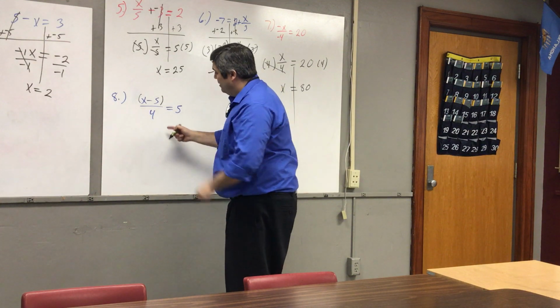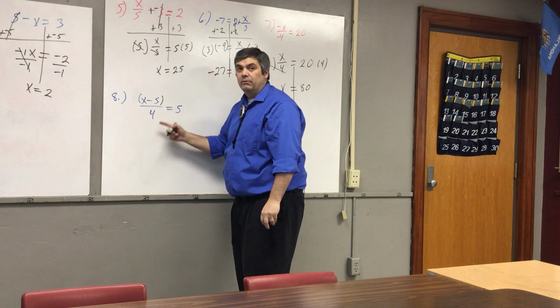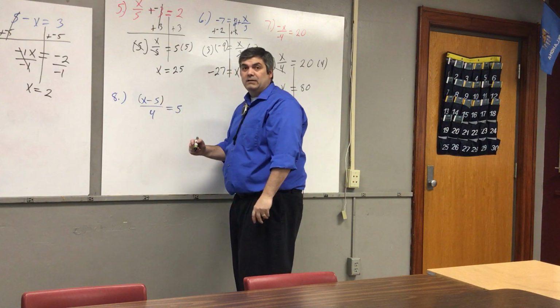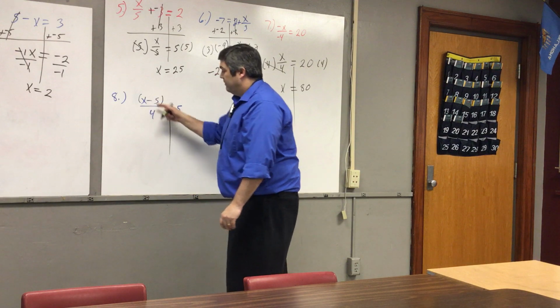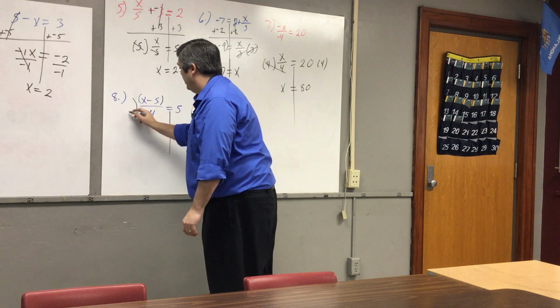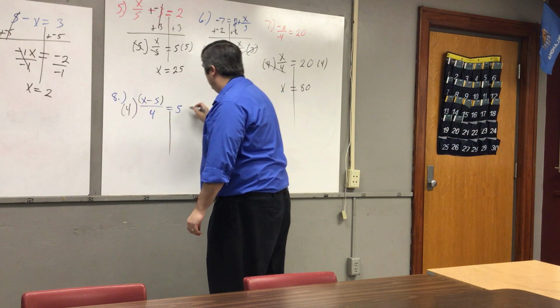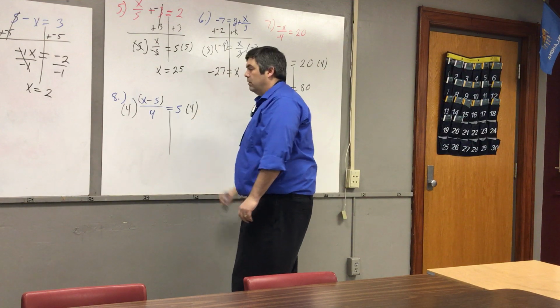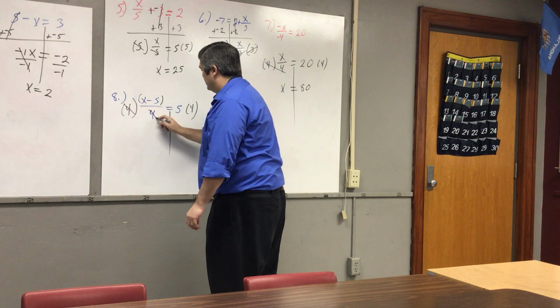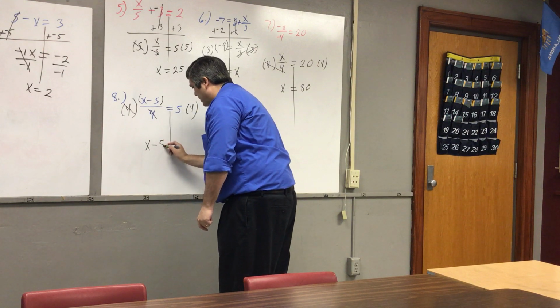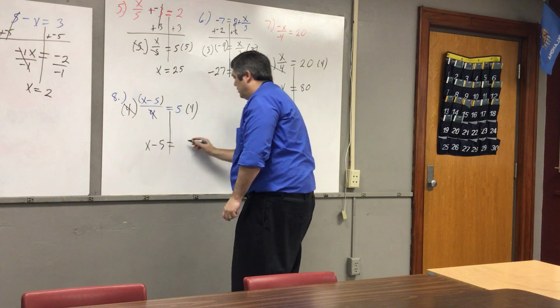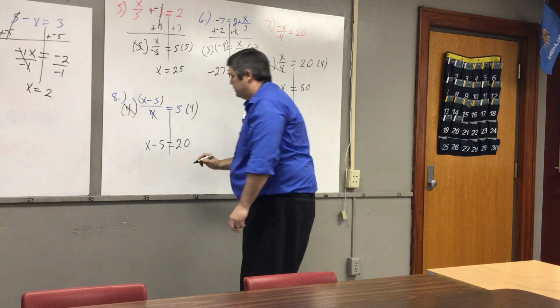So what we're going to do is clear this 4 down here, and then we're going to deal with that minus 5. Okay? Well, the way we clear that 4, it's being divided, so we're going to multiply times 4, times 4, and these cancel out and leave me with x minus 5 equals 20.